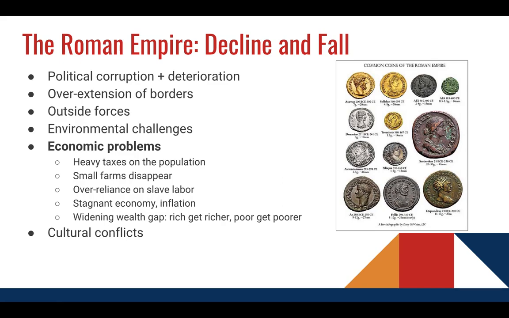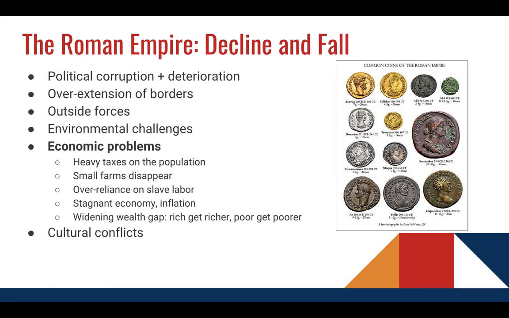Along with these challenges of overextension of borders and these invasions and environmental challenges come economic problems. Of course, I've already talked a little bit about the heavy tax burden on the population, but Rome also has a stagnant economy. They're dealing with an over-reliance on slave labor.